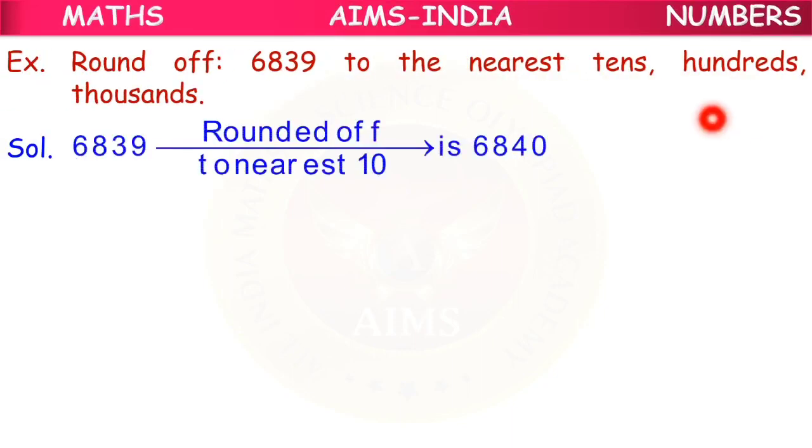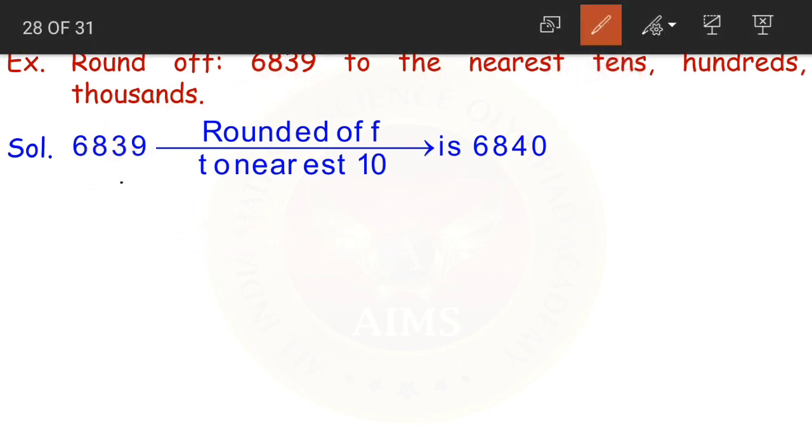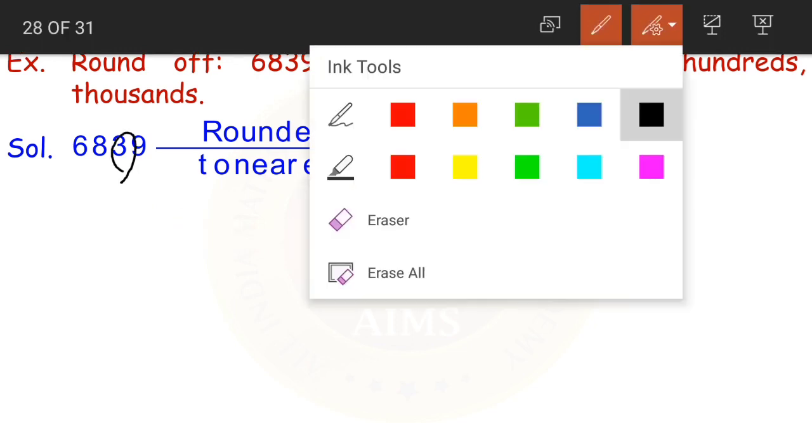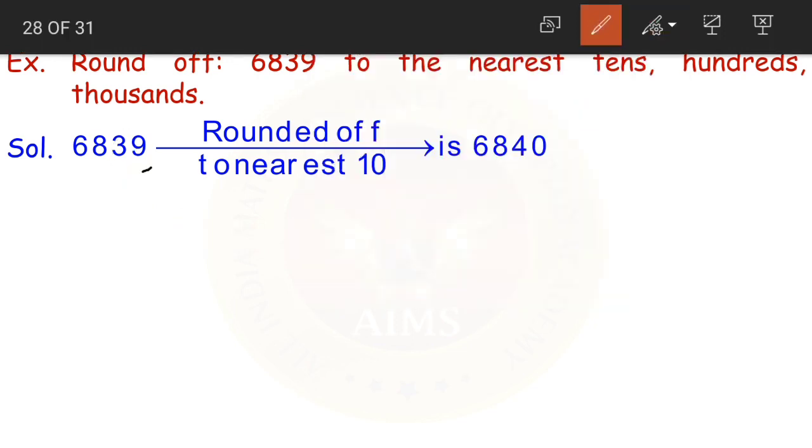Now in this question what we'll do is, we are taking a single number and rounding off to the nearest tens, hundreds and thousands. All the three. Yes, what is the number? The number is 6,839. Firstly, let us round off to the nearest tens. What is the rule? Check the number in ones place.